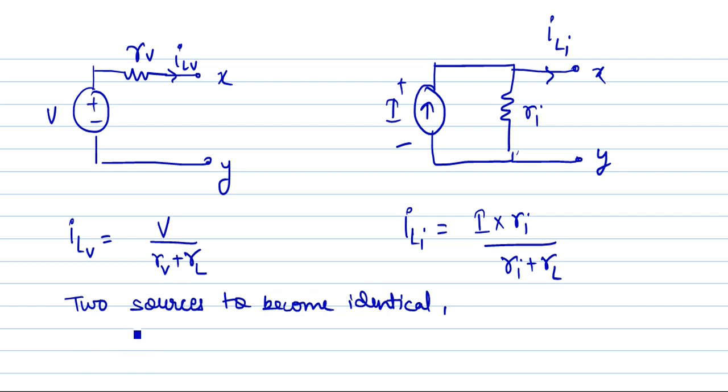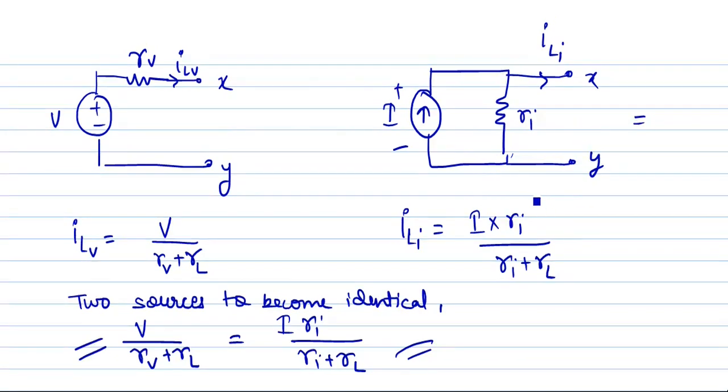So here we will have V upon RV plus RL is equals to I into Ri upon Ri plus RL. For making these two sources identical, we have taken ILV equals ILI, and we have obtained this relation.